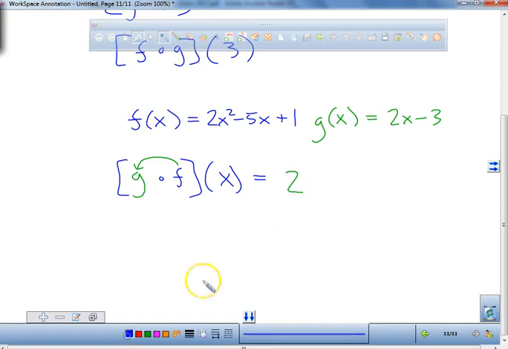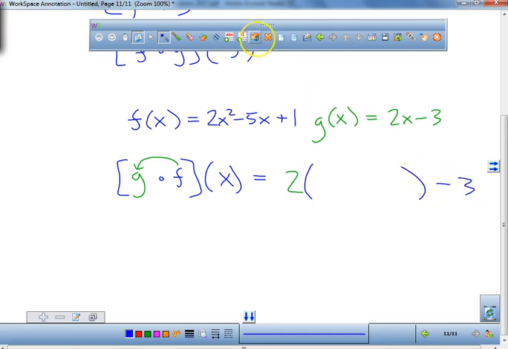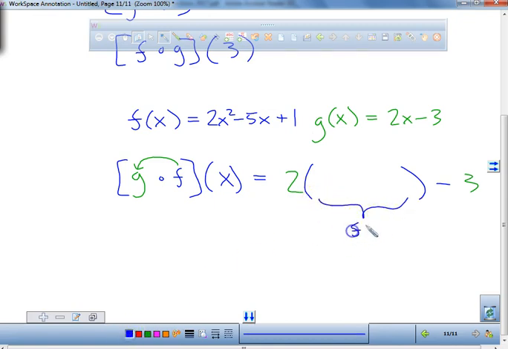But if I take 2 and I open up the parentheses, and then I take away 3 right here at the end, what am I going to plug in right here? I'm plugging in F of X, right? So this is where F of X goes. And F of X is 2x squared minus 5x plus 1.